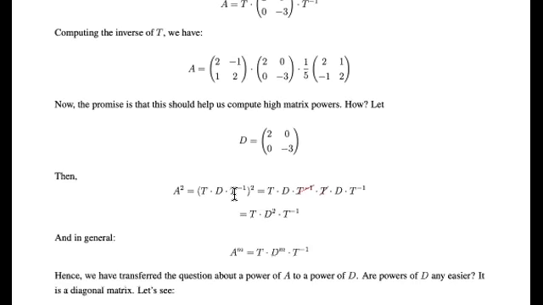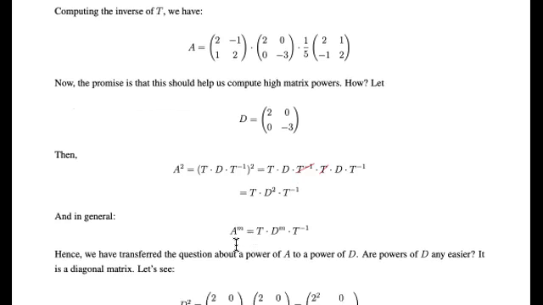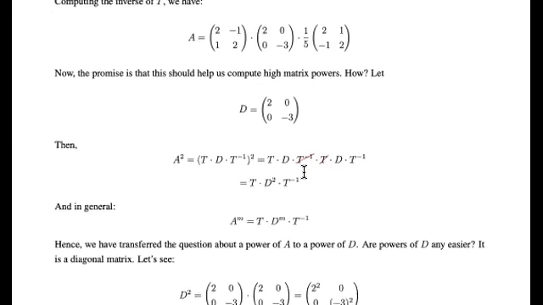A squared, let's just write it out. Notice that these guys cancel in the middle, and we're just left with T, D squared, and T inverse. And in general, A to the M is very nice. It's just this diagonal matrix raised to the M with a T here and a T inverse. Now, why is that useful? It's really easy to multiply diagonal matrices, because the result is just multiplication component-wise of the diagonals.